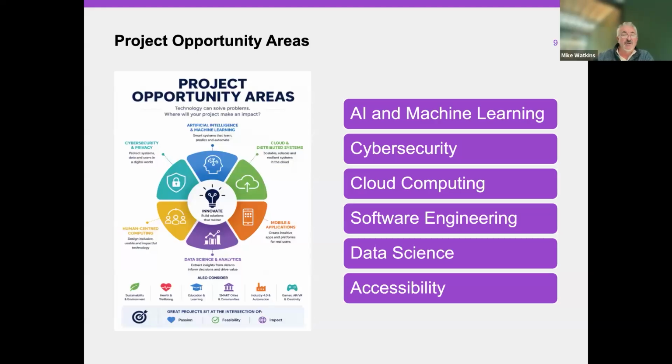You could use AI as part of the architecture of your problem. So it tries to solve a problem using AI or machine learning, or you could provide an AI system or a machine learning system in order to solve a problem. So where you use these elements can help you define the requirements or scope of your area.